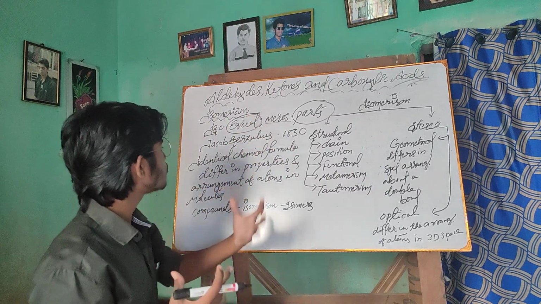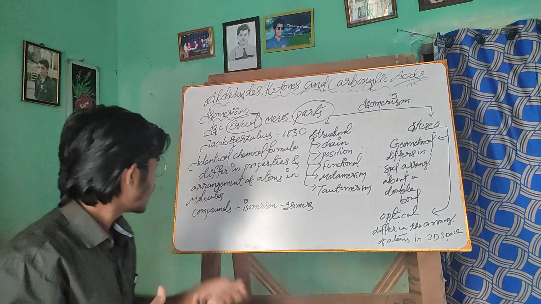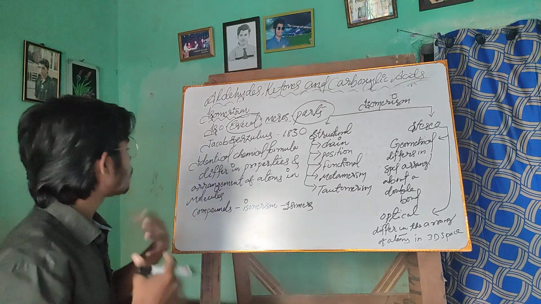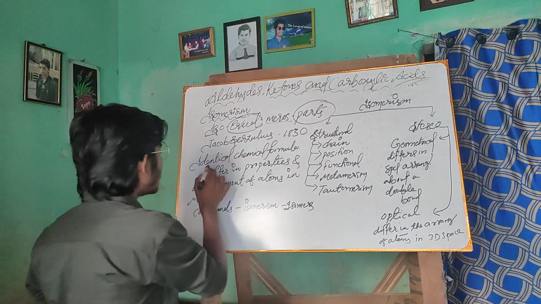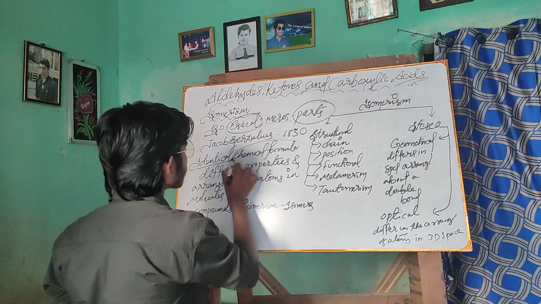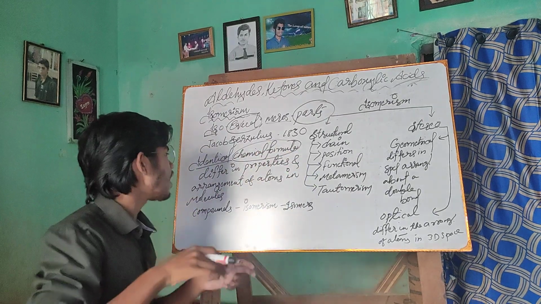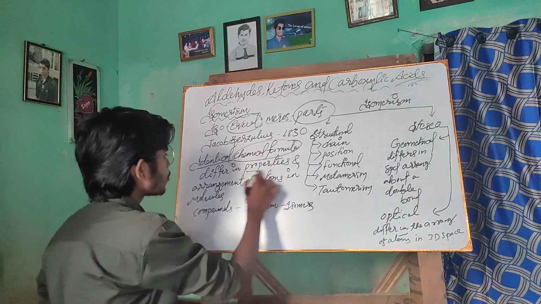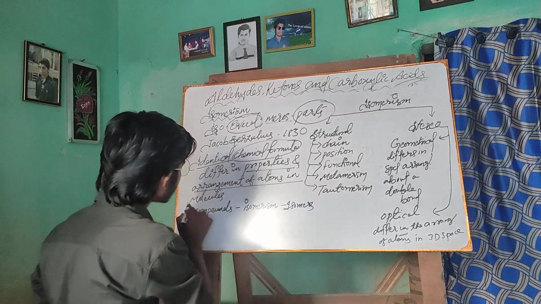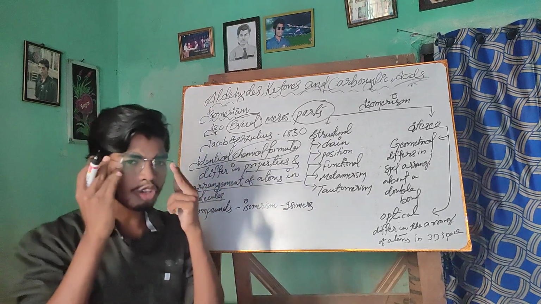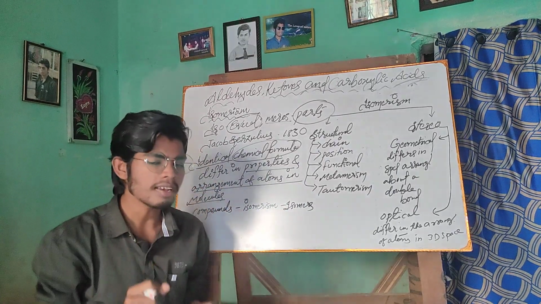And isomerism is basically a phenomenon in which more than one compound has an identical chemical formula but differs in properties and the arrangement of atoms in the molecules. So once again I am telling you the definition.